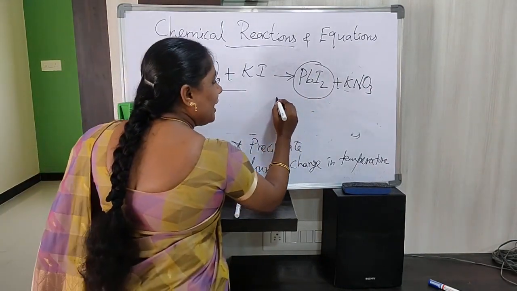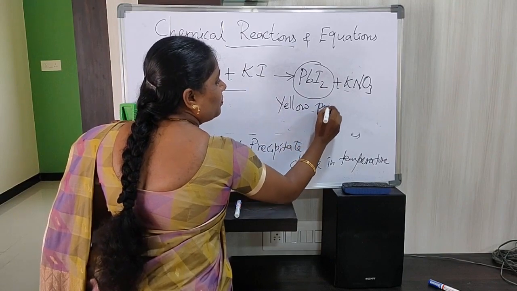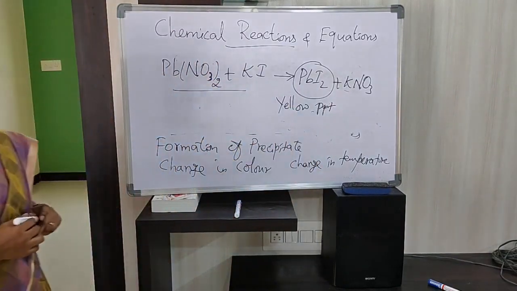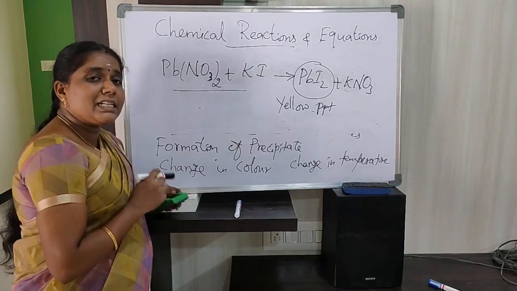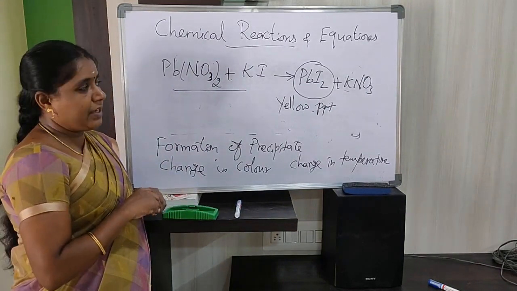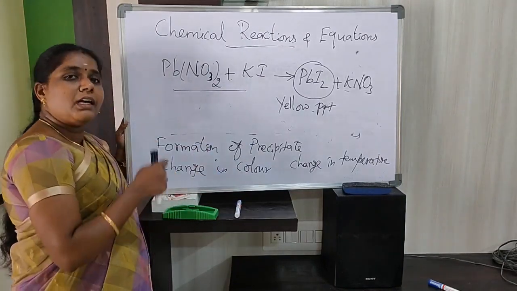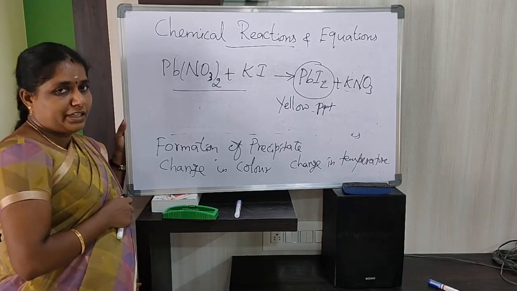This we are getting in the form of precipitate. What's the color of the precipitate we are getting during this reaction? We are getting a yellow precipitate. So from this yellow precipitate we can identify that here also one chemical reaction has taken place.